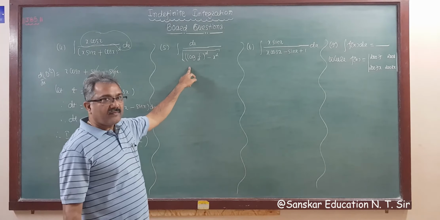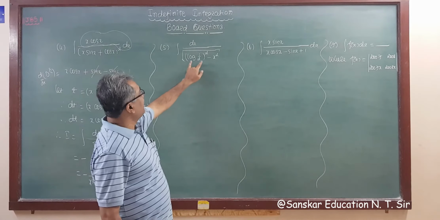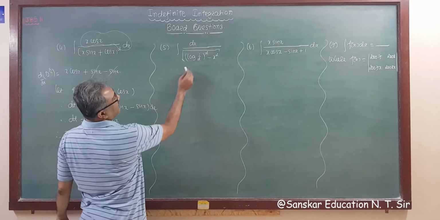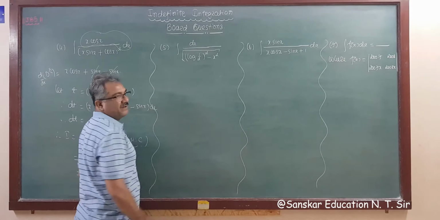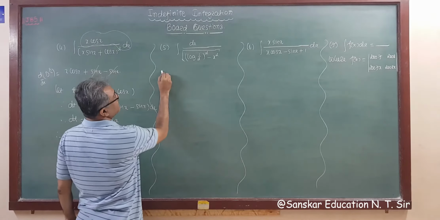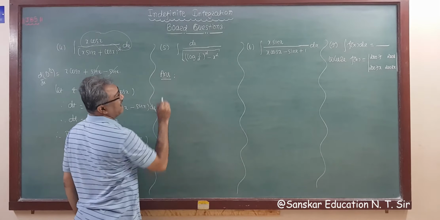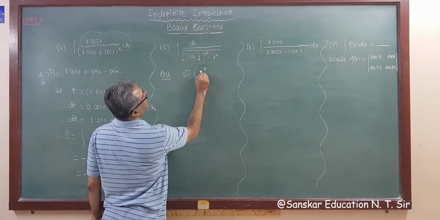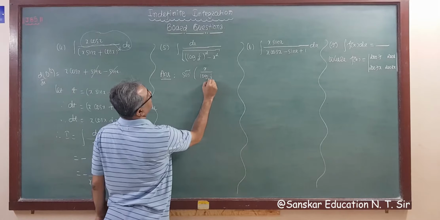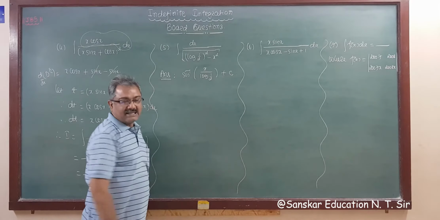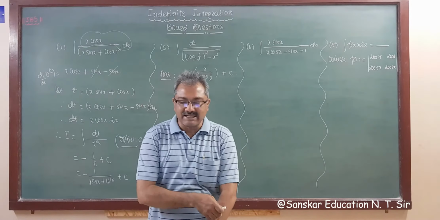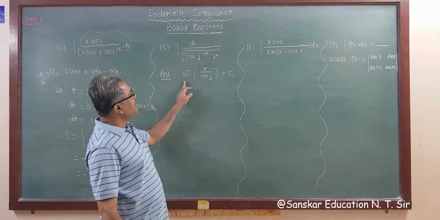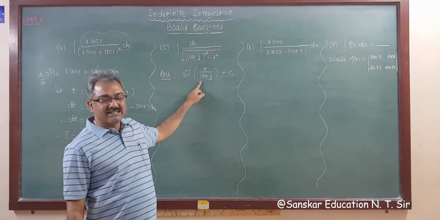Now here, you are looking and seeing that this is log half, a constant. So your answer will be under root a square minus x square, that is the sine inverse formula. So your answer will be sine inverse x upon log half plus c. That is given, sine inverse x upon a plus c, right?